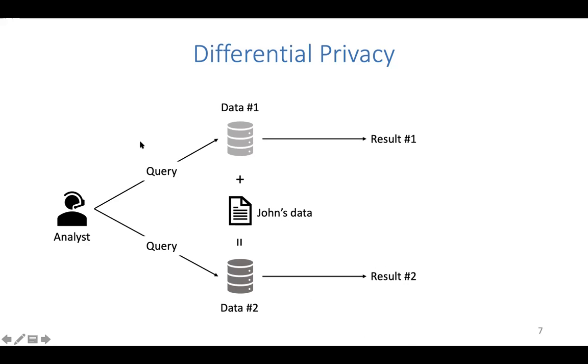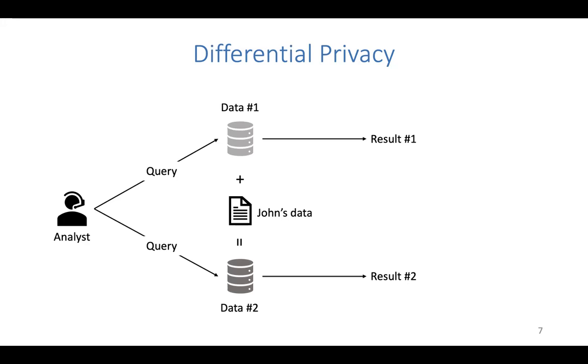Suppose that a query could be anything. For example, the maximum age of users in data set number 1, or average income of the users in data set number 1. It could be anything, because that is the power of differential privacy. It works for any analytic algorithm, any analytic mechanism that works on the data set.